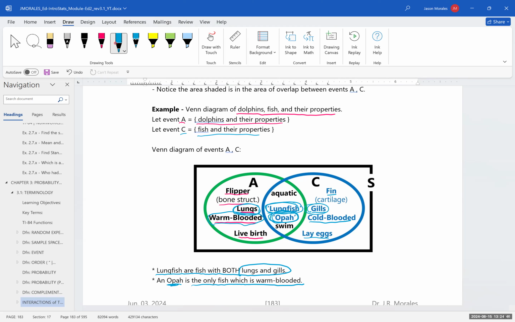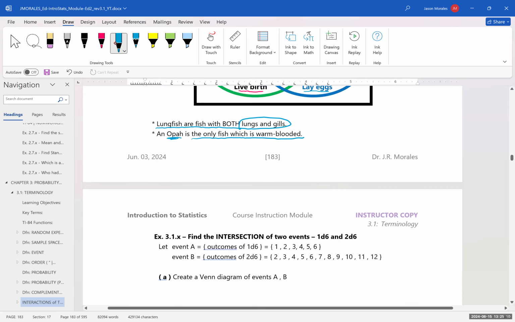So an opah technically is a fish, but a fish with a similar property to dolphins. When you've got some overlap between two events, we express that with the two bubbles, which represent the two events, intersecting each other.